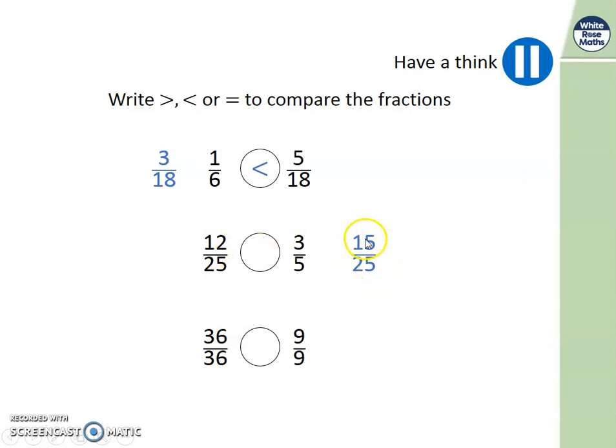Now we can compare the 25ths, and we can see quite clearly that 12 is smaller than 15 25ths. So therefore, it's smaller than 3/5. And you should on the last one notice that 36 out of 36 means I've got a whole one. And if I've got 9 out of 9 pieces, I've also got a whole one. So actually they're equivalent without having to do any working out.